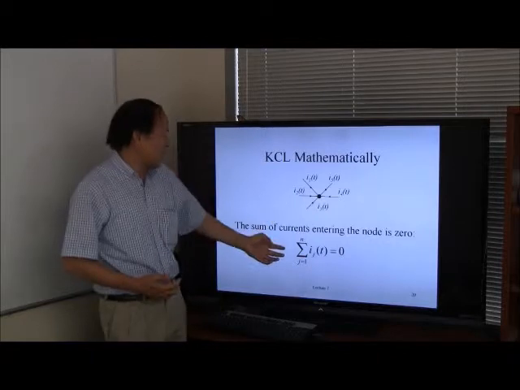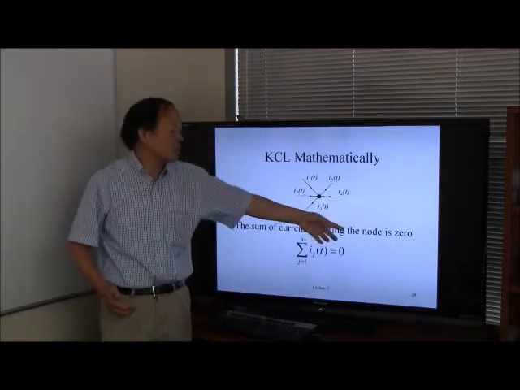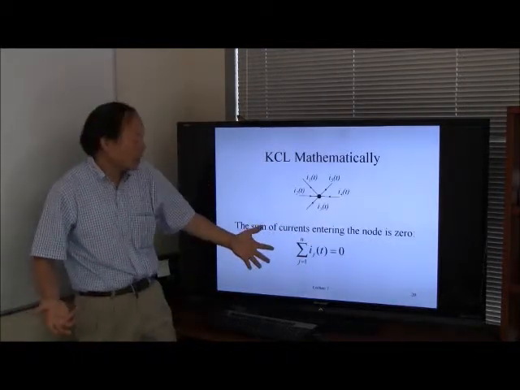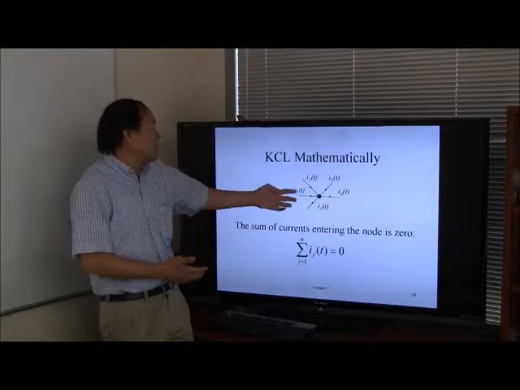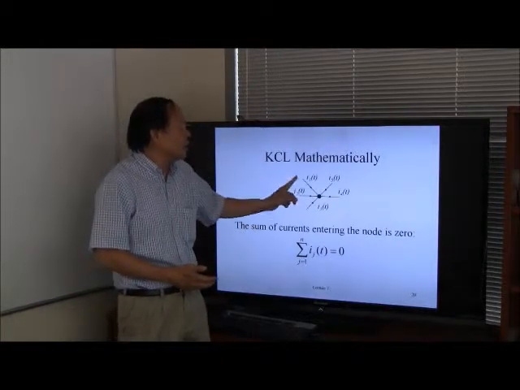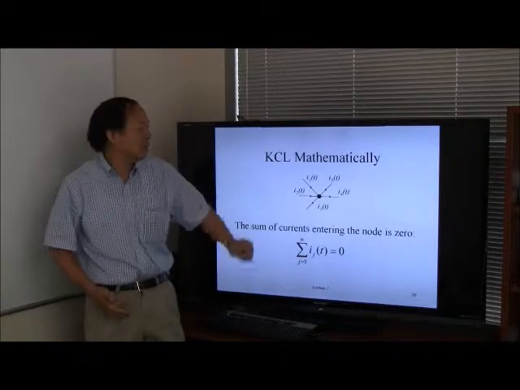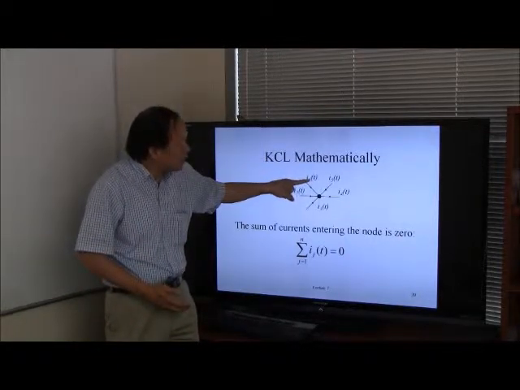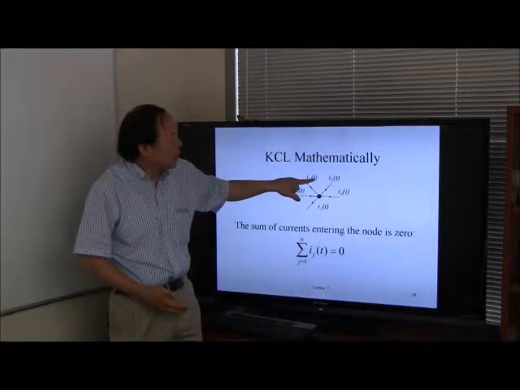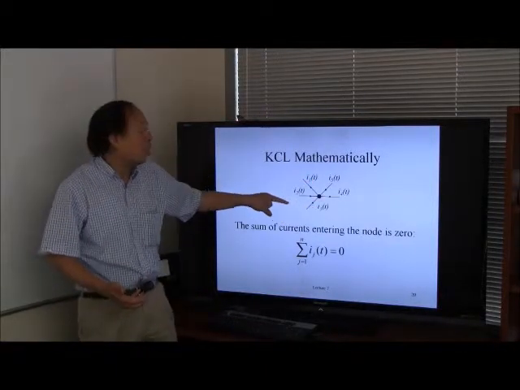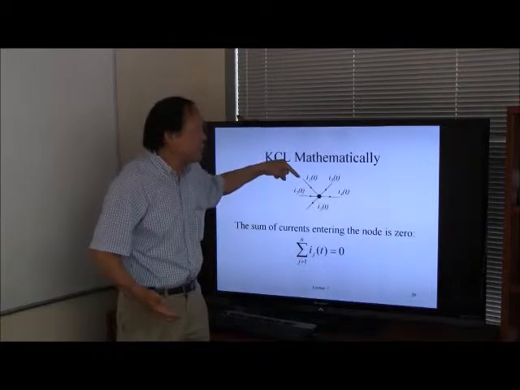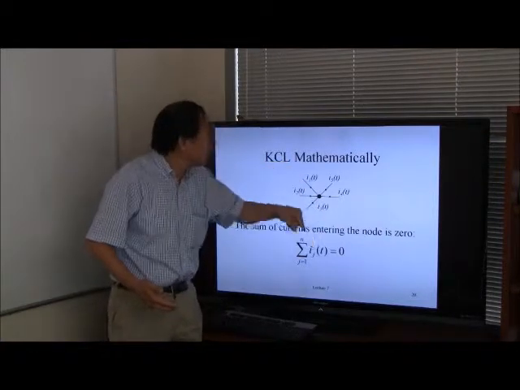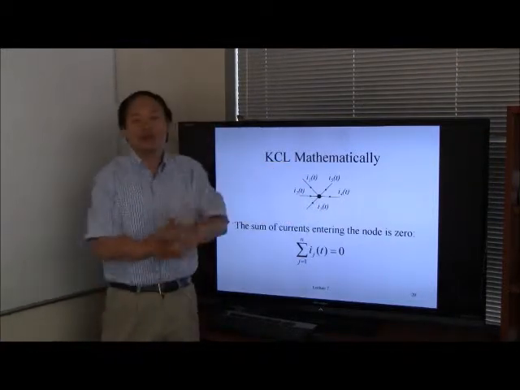Mathematically, what it says is that the sum of the currents entering the node is equal to 0. You need not worry whether the current is flowing this way or the other way, but you define the direction so that the current on wire 1 at time t would be positive if really there is a flow of positive charges into the node.